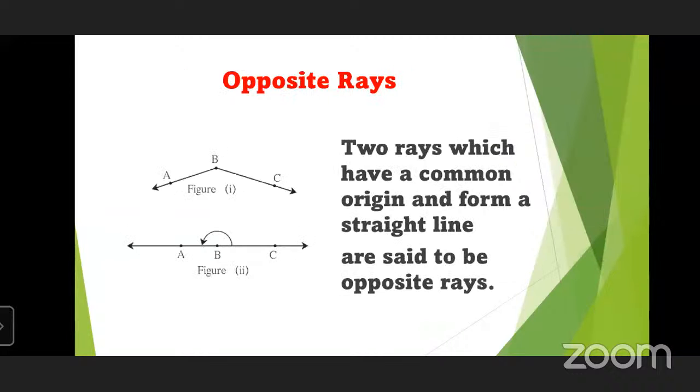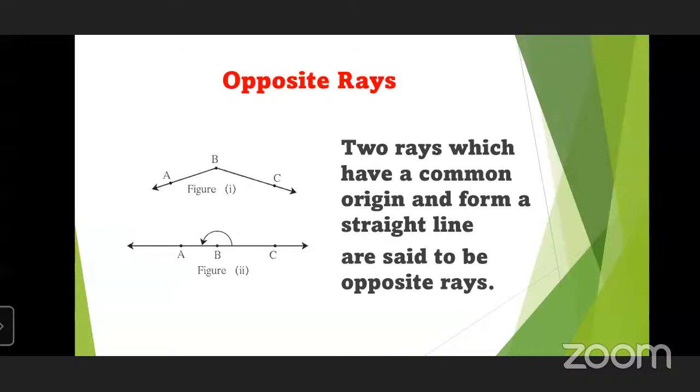Now, what are opposite rays? Opposite rays are two rays which have a common origin and form a straight line. What it means is both the rays start from the same point.